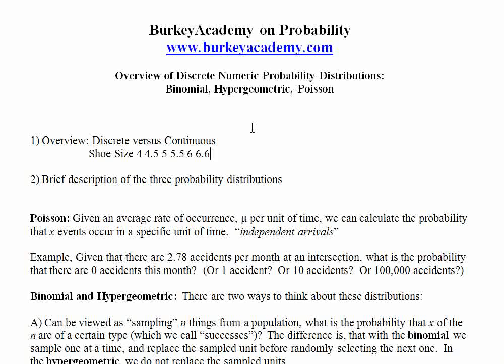As your foot grows, your shoe size jumps from 4 to 4.5. It doesn't go in between those numbers. It's either 4 or it's 4.5, but nothing in between. So you know that you're dealing with a discrete outcome if there are gaps between the numerical possibilities. That's what we mean by discrete.